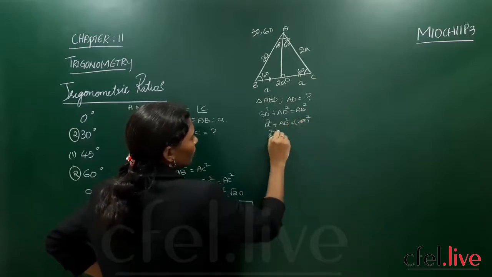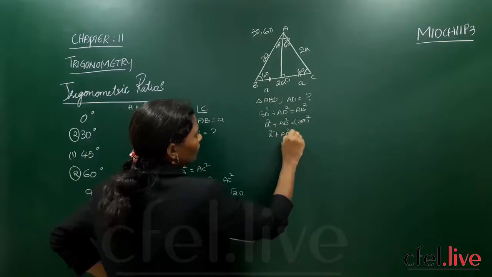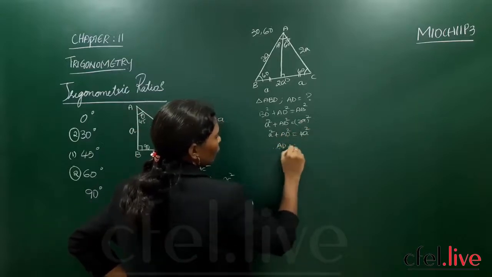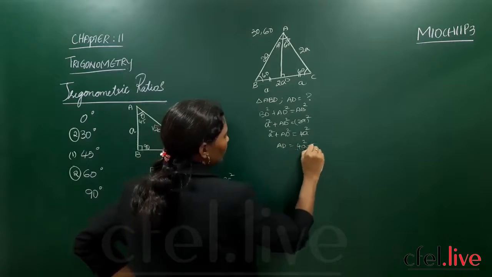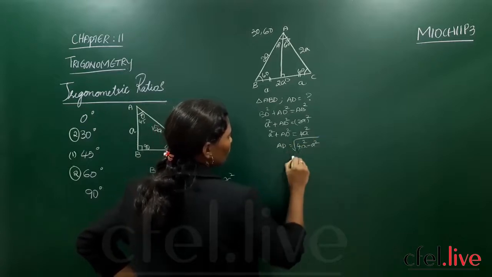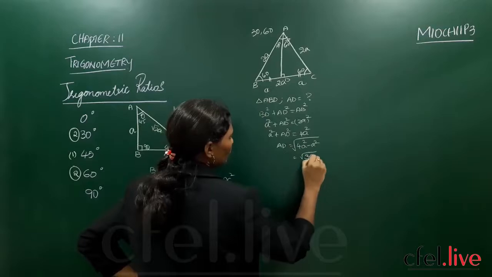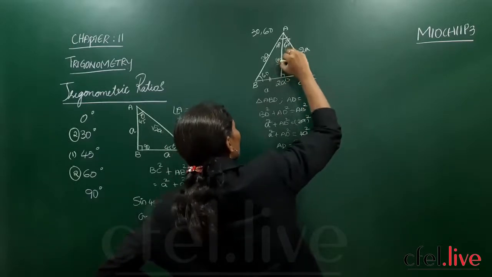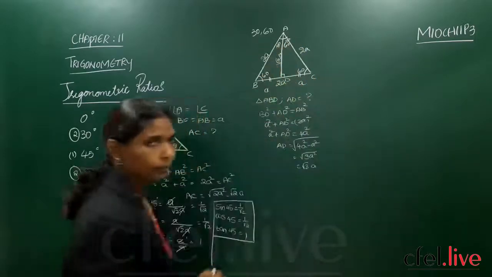So A square plus AD square is equal to 4A square. You need only AD. So 4A square minus A square under root, so under root 3A square, that is equal to root 3 A. So this is root 3 A.